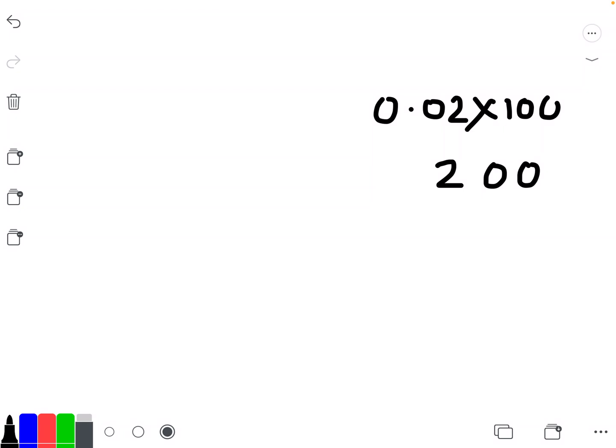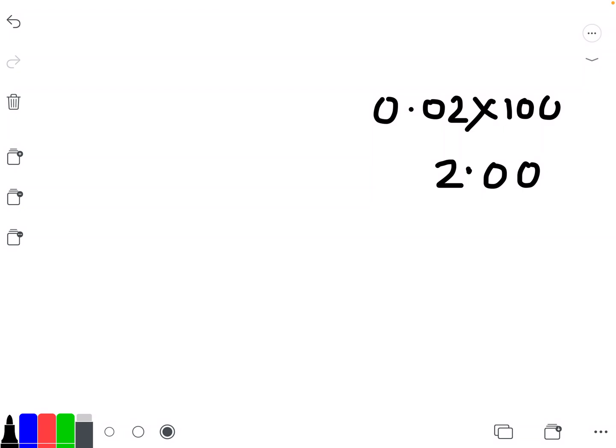After 2 places there is a decimal point. So, here also in 200 we have to keep the decimal after 2 places, counting starting from extreme right 0. So, extreme right 0 is one place and the next 0 on its left side is another place. So, the decimal point comes here. So, 0.02 into 100 is 2.